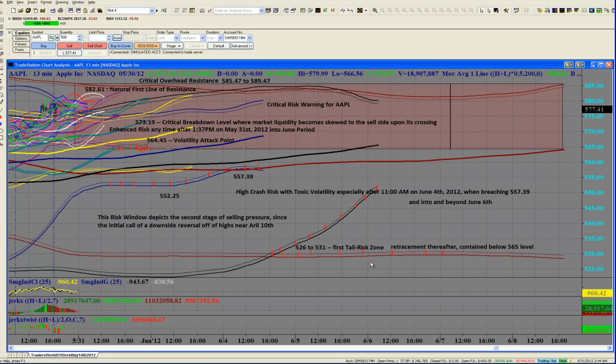Unfortunately, this red line is sloped up, so into the period of the 7th, if we do get underneath this critical area, 526, that could lead to substantially lower levels into the $450 zone. We'll have to watch that closely, but in the meantime, this represents the near-term risk in Apple computer stock.